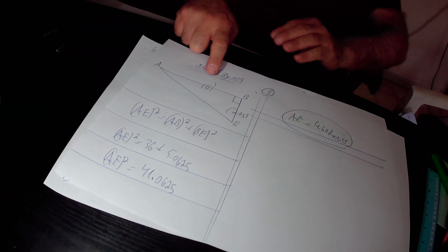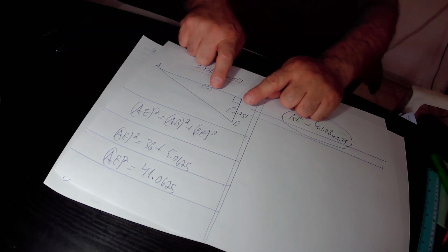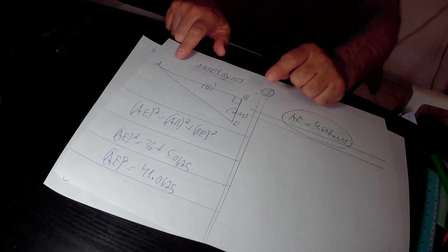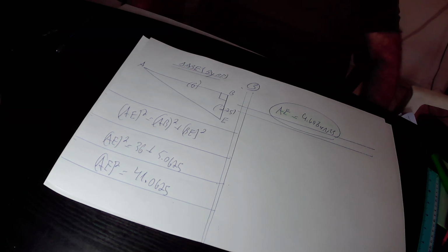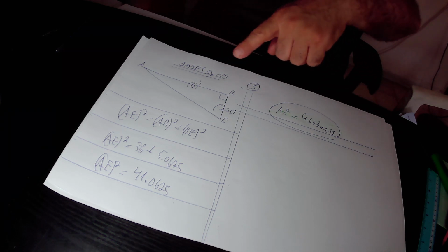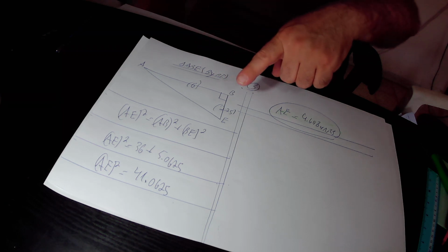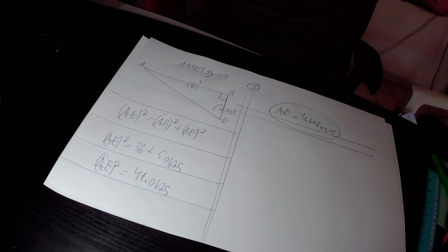Side AB equals 6 units in length, side BE equals 2.25 units, and the length of the hypotenuse AE is unknown. According to the Pythagoras theorem, in any right triangle, the square of the hypotenuse equals the sum of the squares of the perpendicular sides. In this right triangle ABE, the hypotenuse is AE, and therefore AE squared must be equal to AB squared plus BE squared.